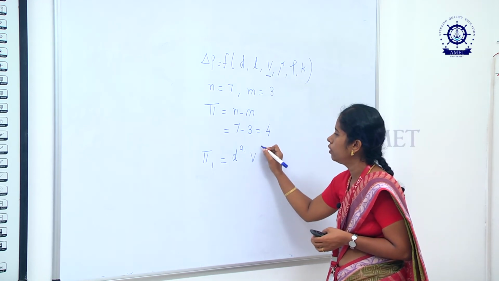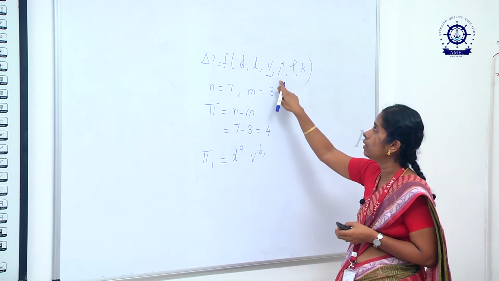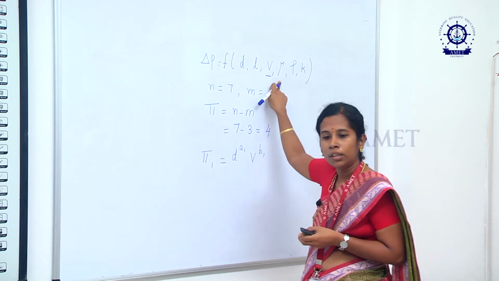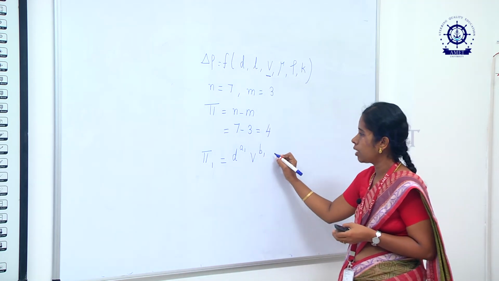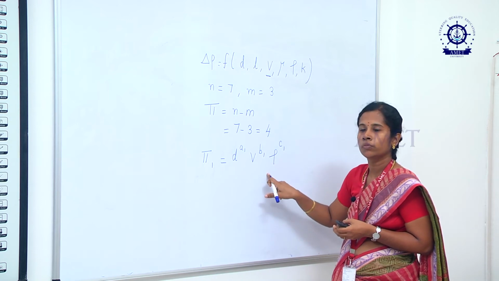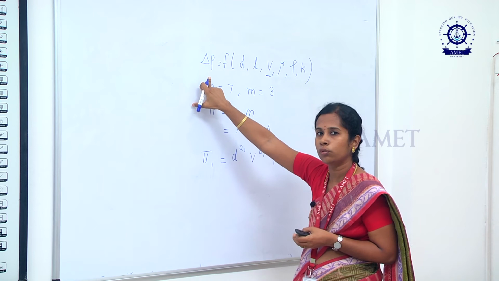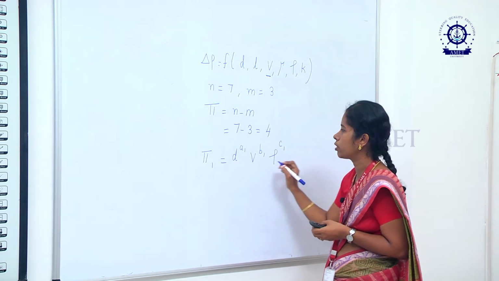So, it is v power b1. Next, it can be either density or dynamic viscosity. I am selecting density power c1 into what is the equation they are asking you to find? Obtain an equation for pressure difference.